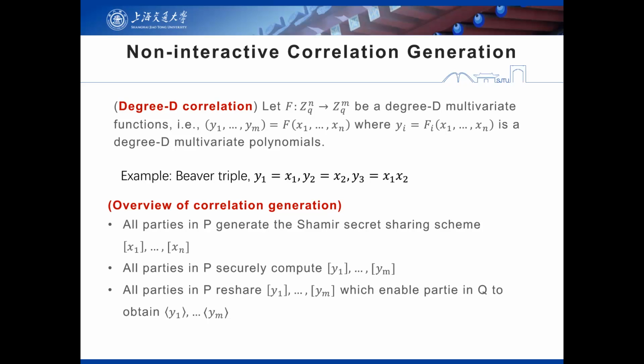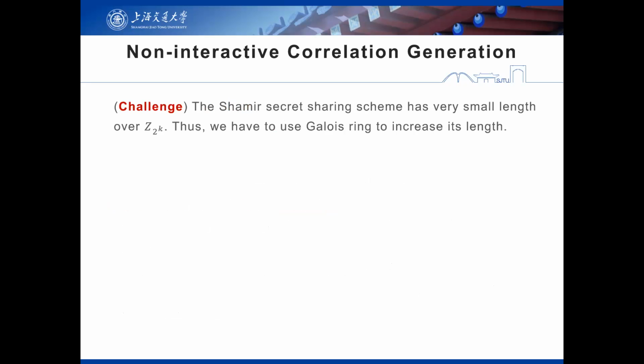We note that because this is a degree d multivariate polynomial, if we use Shamir secret sharing and allow the degree to go bigger, we can actually do it locally, and we don't need any interaction to do this. And then we share y1 to yn to each party, enabling parties in Q to generate their shares of y1 to yn. This is the idea of how to generate the correlations here.